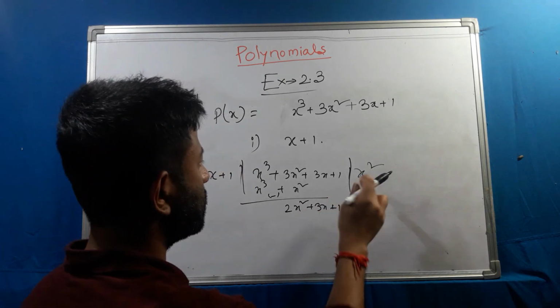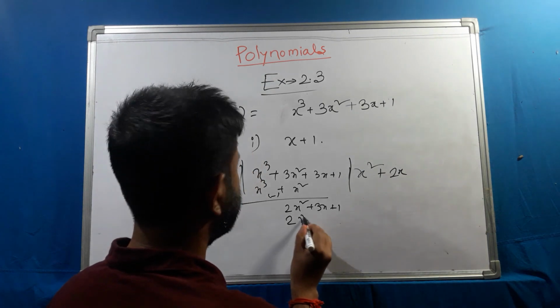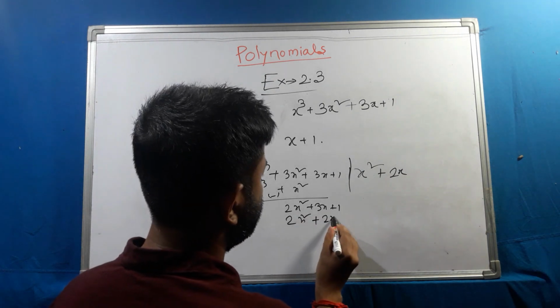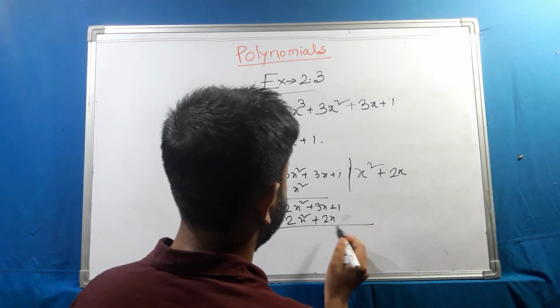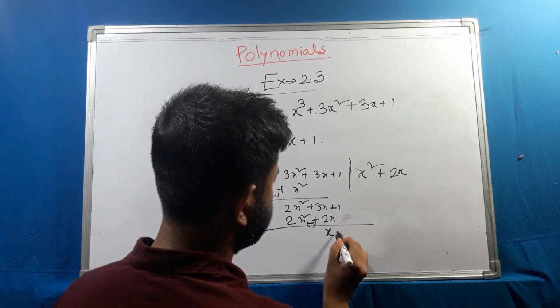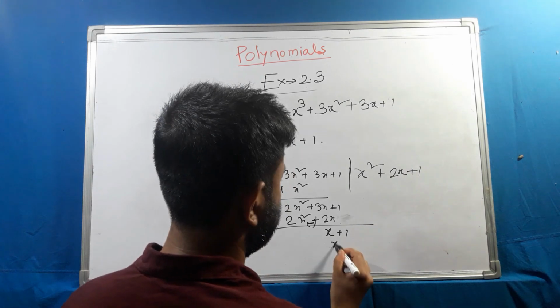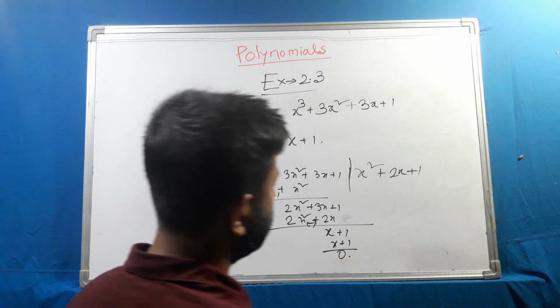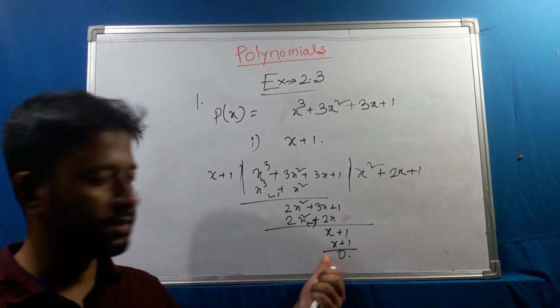So for 2x square, I have to put here 2x. Then 2x plus 1 comes. If we subtract this, it will be x plus 1, so remainder equal to 0. This is the conventional method, and in this method I find that the remainder is 0.